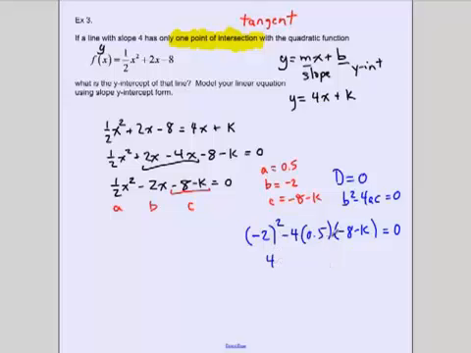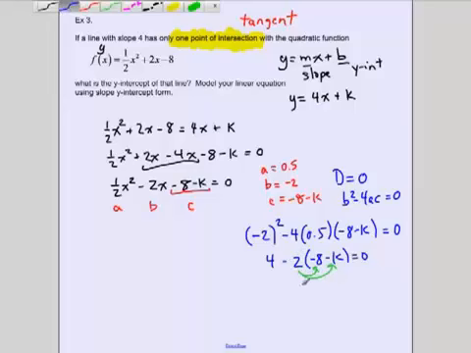Negative 4 times half, well, half of 4 is 2, so this becomes negative 2 times negative 8 minus k. And so this negative 2 is going to have to distribute itself into the bracket before I can operate it with this 4. Remember, BEDMAS says I need to multiply before I can add or subtract. Don't make that mistake.